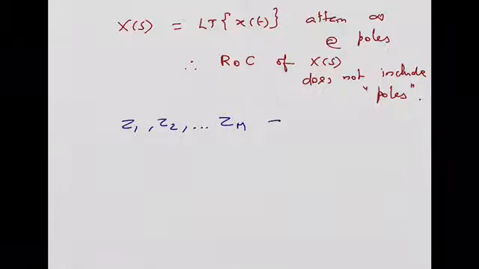We have given m number of roots. They are actually called zeros of X of s. What is the meaning of it? If s is equal to any one of these roots of the numerator polynomial, then X of s becomes zero.